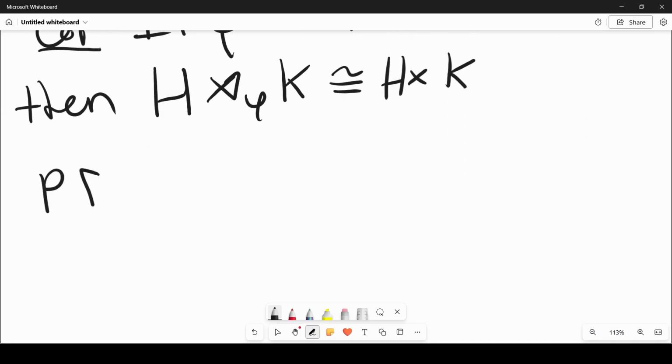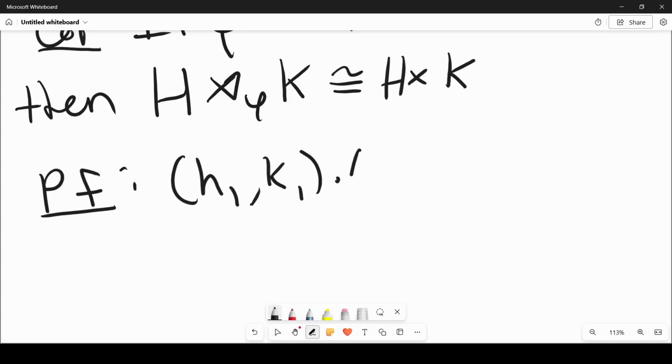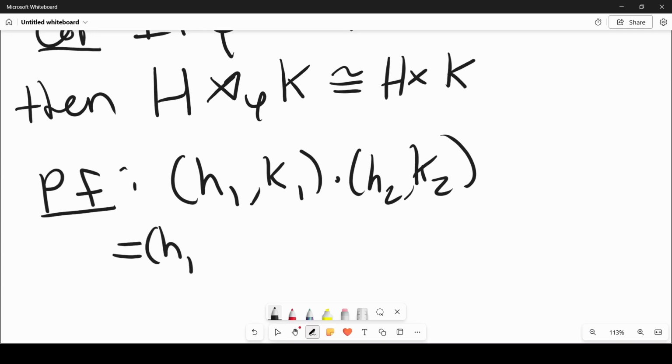So our proof, very quick, is just looking at the multiplication law. So when it's trivial, this becomes (h1 φ_k1(h2), k1 k2).